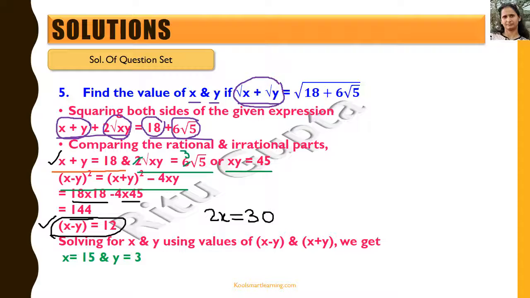And if we subtract this from this, we get 2y is equal to 6. So y is equal to 3. So these are the values of x and y.